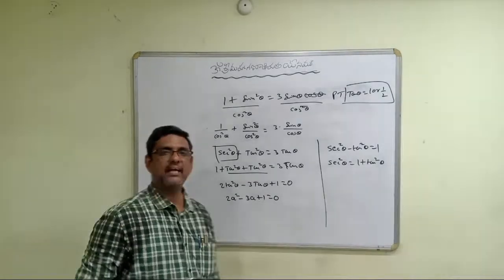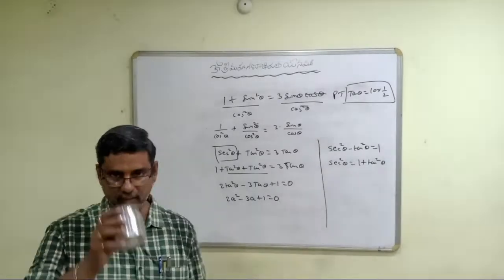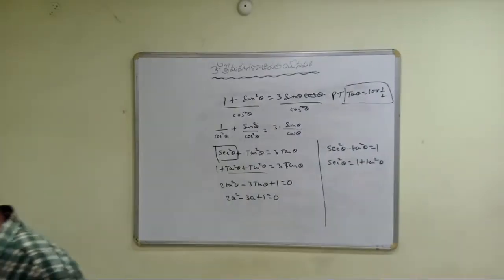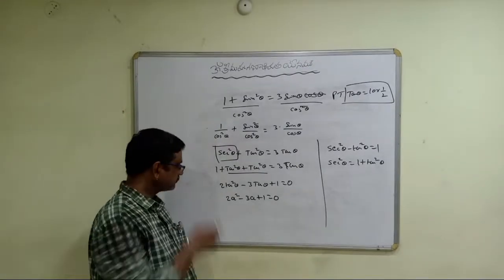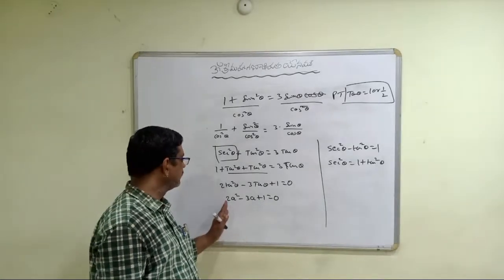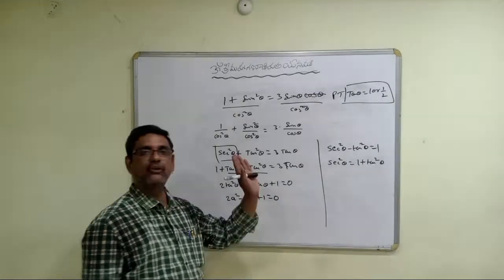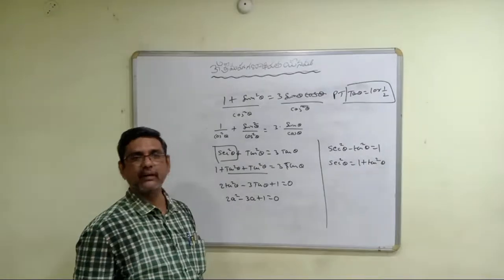I am replacing tan theta with a. Now I got a quadratic equation over here: 2a square minus 3a plus 1 is equal to 0.